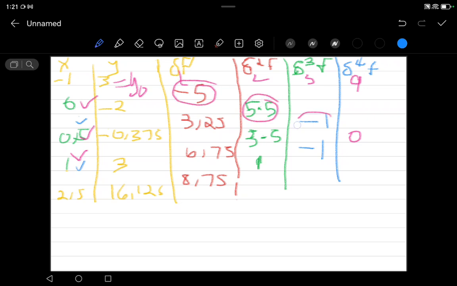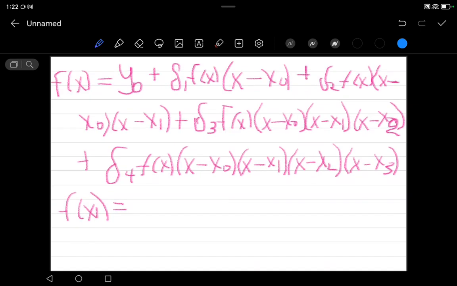So the delta 1 is going to be negative 5, delta 2 is going to be 5.5, delta 3 is going to be negative 1, and then delta 4 is going to be 0. Okay, so divided, we use the top one. Backward, we use the bottom one. Forward and divided, we use top coefficients.